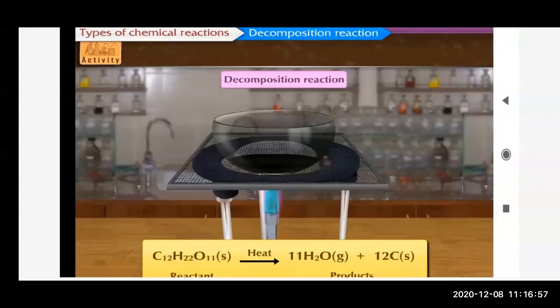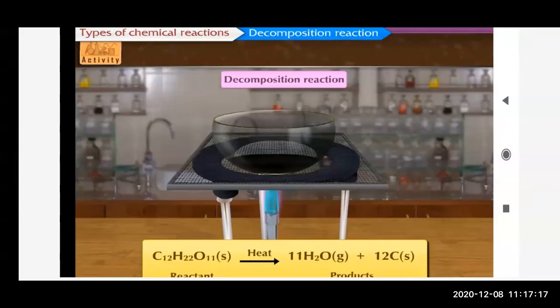Here, the formula for sugar is C12H22O11. Remember, you have to study that formula by heart: C12H22O11. When the sugar is decomposed, water and carbon are formed, the black colored substance being carbon.